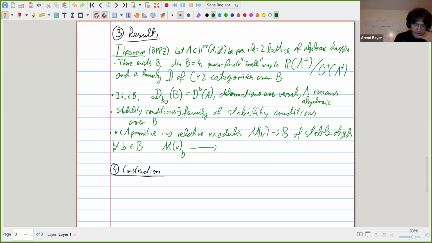The Albanese map is basically just the universal map to an abelian variety. So it maps canonically to a four-dimensional abelian variety, some deformation of A cross A hat.